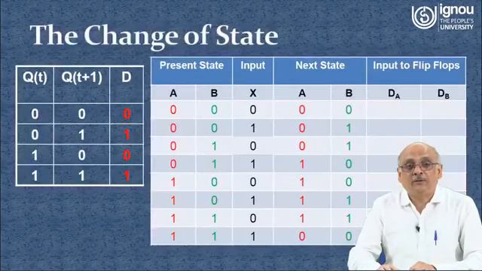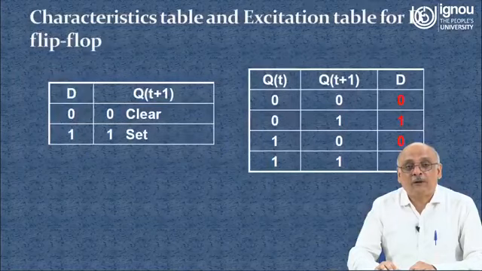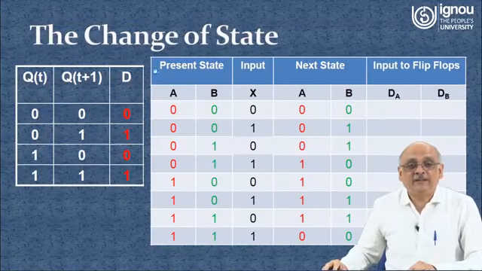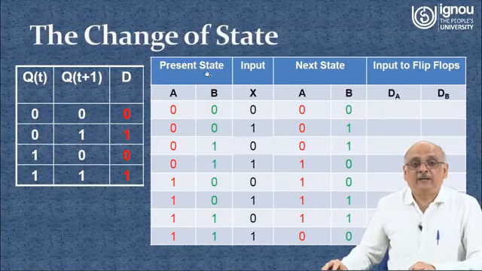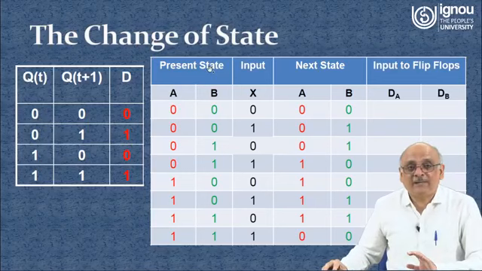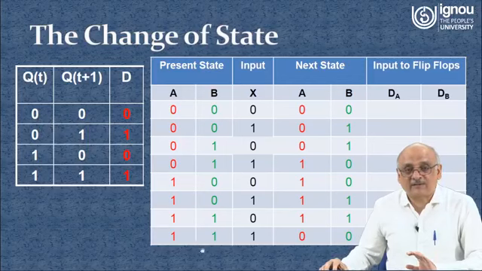So to do so, let's study the change of state. What is the present state? AB. These are all the possible cases of present state. We have two flip-flops, A and B, as I showed you.